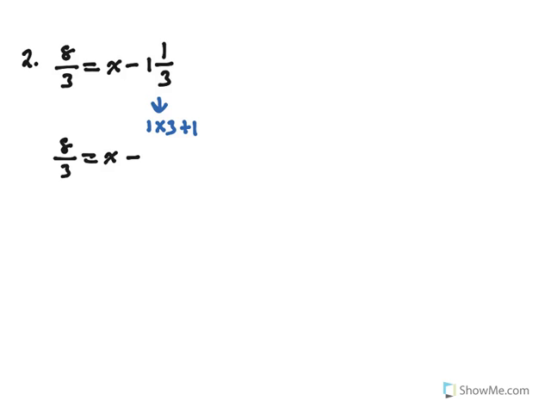Again, 1 times 3 is 3, plus 1 is 4, and we write it over the original denominator. And now we can solve the equation by finding the common denominator. You notice that both the denominators are the same, so therefore my LCD is going to be 3. Then we take that 3 and multiply it by everything in the equation on both sides.